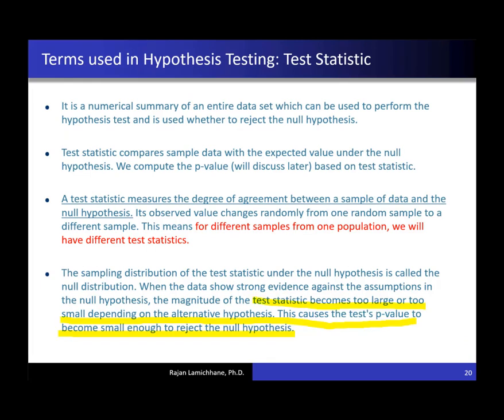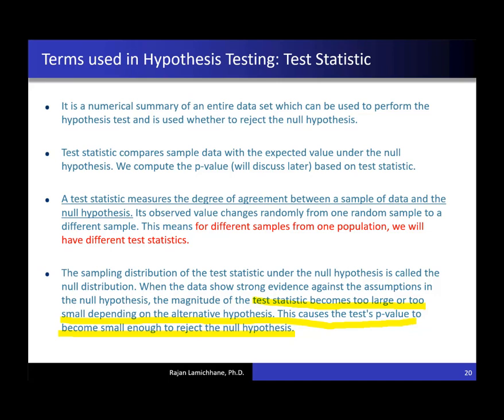Another term we use in hypothesis testing is the test statistic. Usually we don't report the test statistic in any article or journal because we only see it when we are doing the analysis, and test statistics are the values that define the p-values.